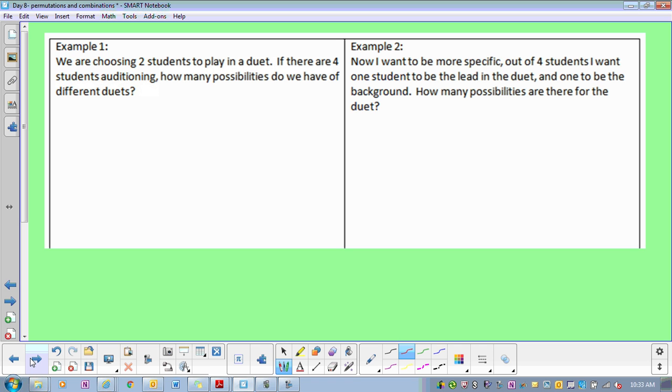The different people auditioning are Cindy, Timlin, Ethan, and Abner. How many possibilities do we have of different duets here?